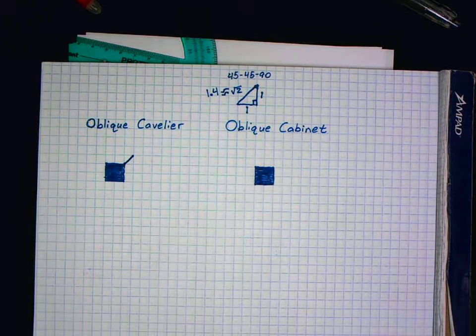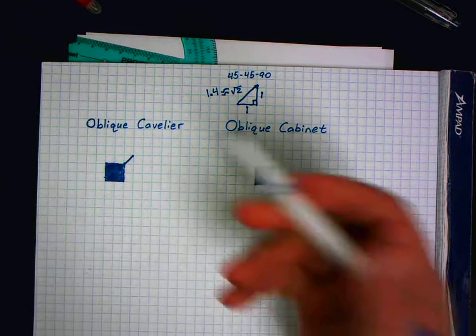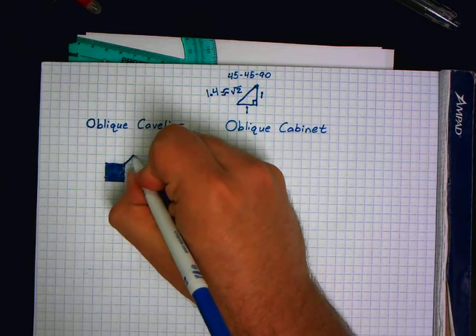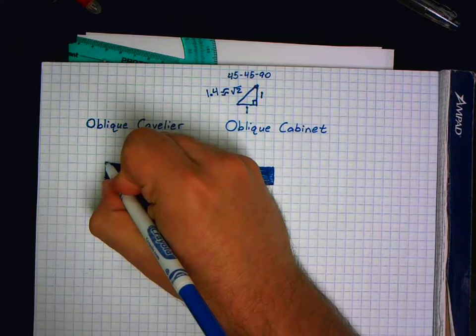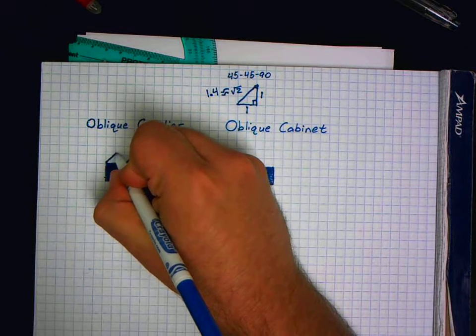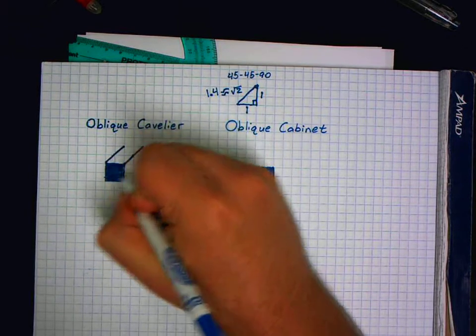Now, based on our rule, how many squares should I go back? 2 squares, right? Okay. So I'm going to go back 2 squares. Now, it's really 2.8, but I'm following our rule, so I'm going to go back 2 squares diagonally.